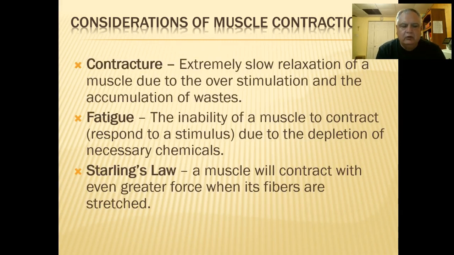So why does the muscle contract with even greater force when the fibers are stretched? Well, it has to do with troponin and its affinity for calcium. Whenever the muscle fibers are stretched slightly before the contraction takes place, this increases the affinity for the troponin.